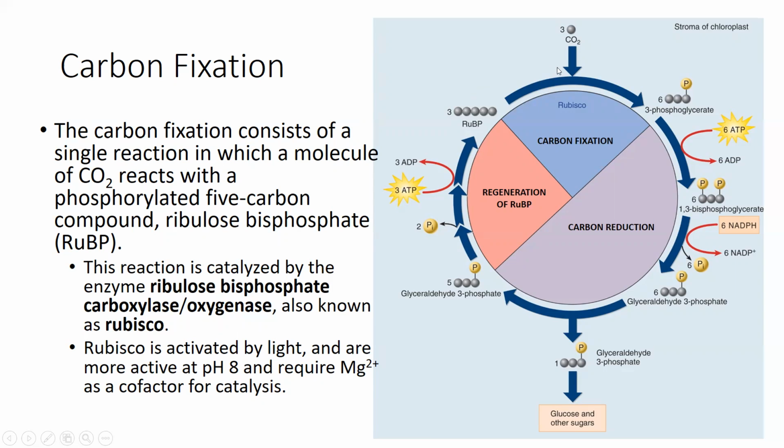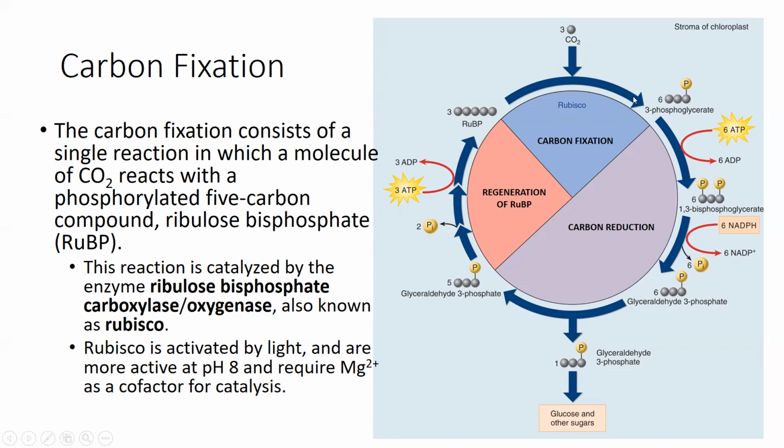So to form an unstable 6-carbon compound. But since it's unstable, it is immediately split into 2 molecules of phosphoglycerate. This phosphoglycerate, or PGA, is a 3-carbon compound.